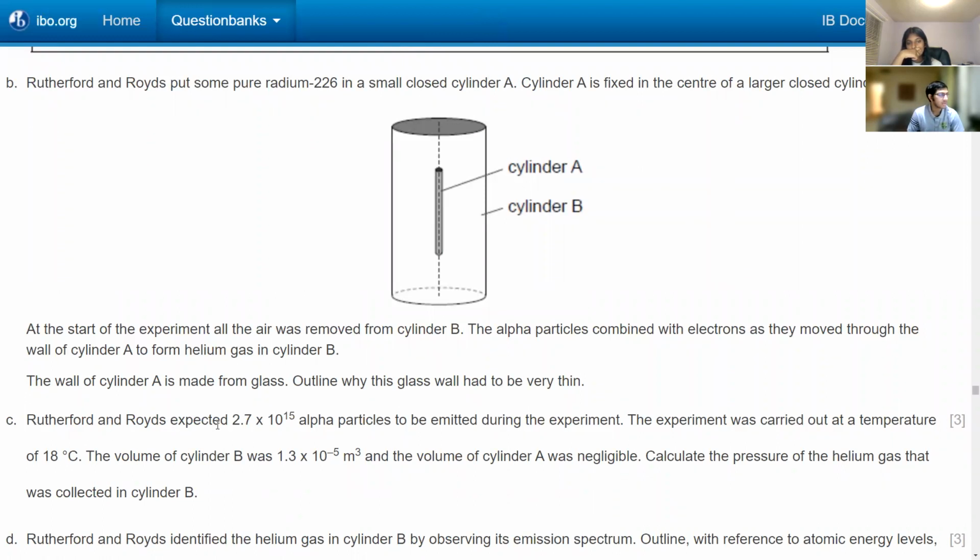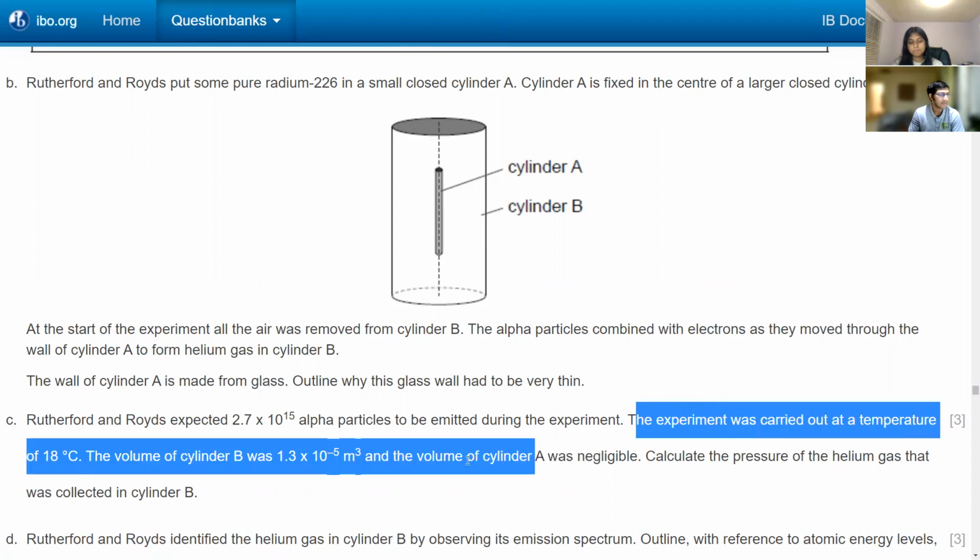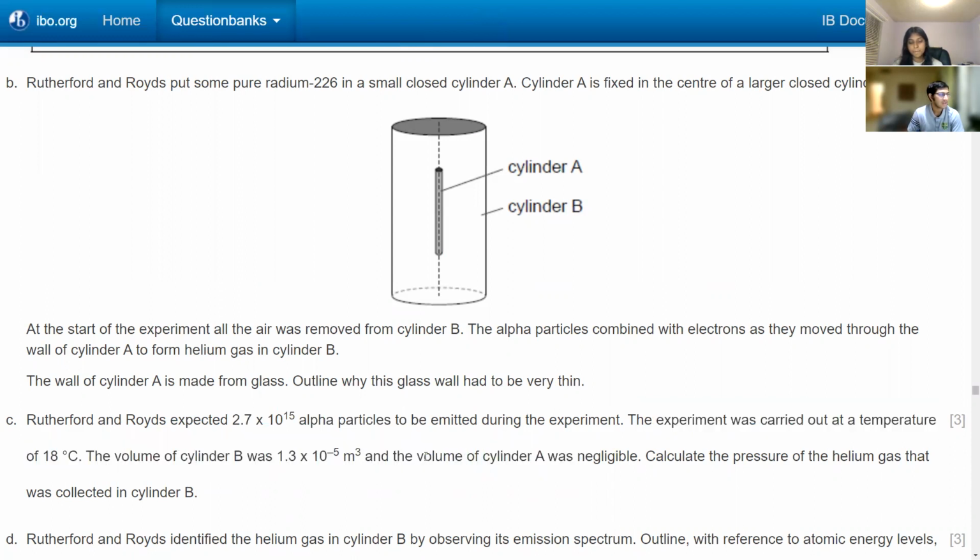Rutherford and Royds expected a certain number of alpha particles to be emitted during the experiment, carried out at a given temperature. The volume in cylinder A is negligible.